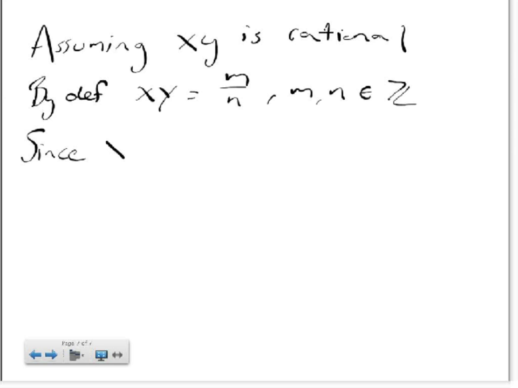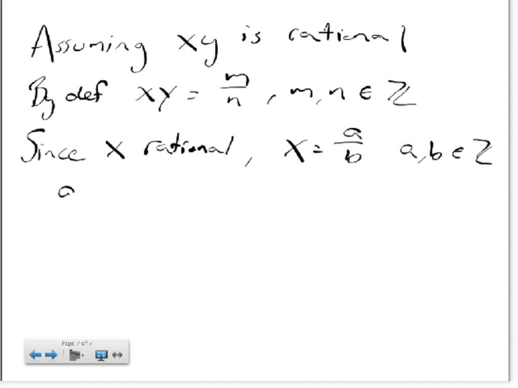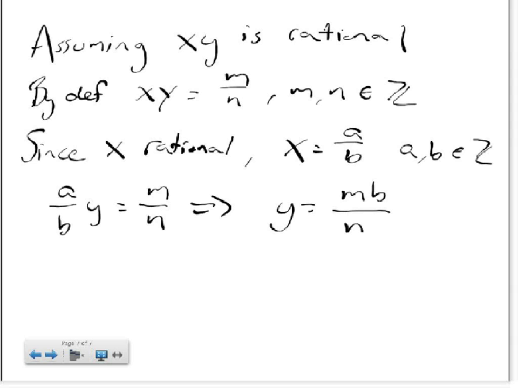Since by hypothesis x is rational, we have that x is equal to a over b, where a and b are also integers. So plugging this back into our original equation, we have that a over b times y is equal to m over n, which you can simplify to say that y is equal to mb over na.